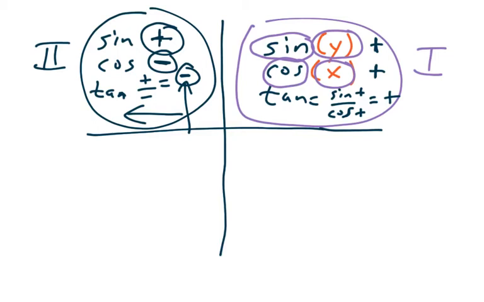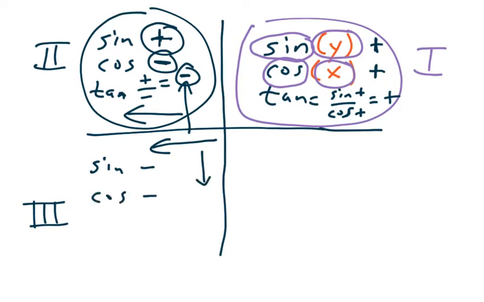If we go to quadrant 3, we will note that in here I went not only left, which is negative, I also went down to get in this quadrant. So both sine and cosine are going to be negative. And tangent, because it's the sine divided by the cosine value, what is negative divided by negative?